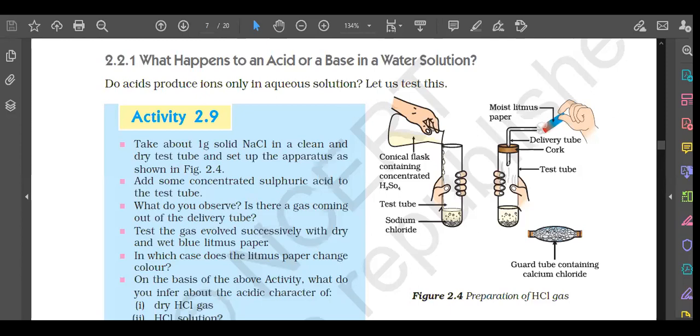Before that, think about why it will change color, Yukti. Now just think about this. You should add water into acid or acid into water? Tell me.